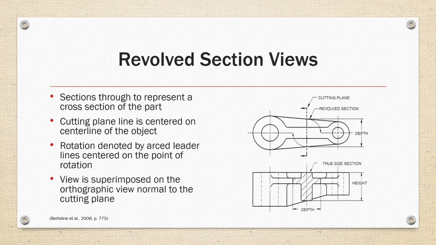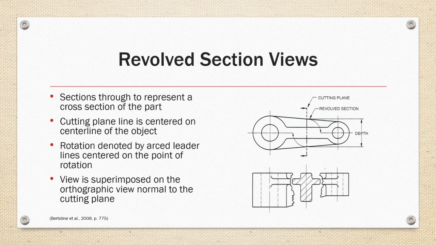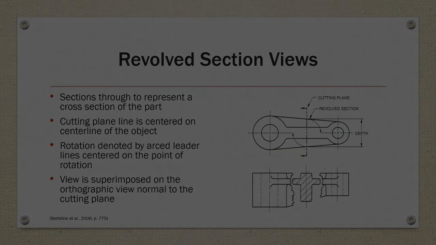And the view is superimposed on the orthographic view normal to the cutting plane as shown on the right. It is also optional to use breakout sections to clarify the revolved section view as shown in the example on the right. Now let's go to one of my real life examples of how a revolved section works.